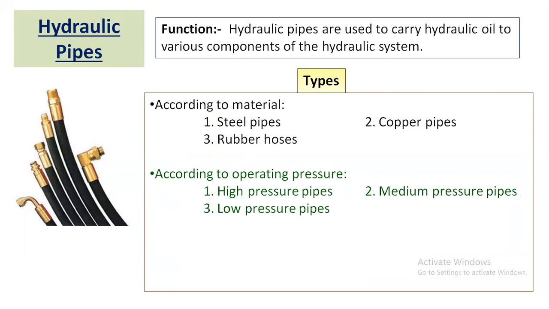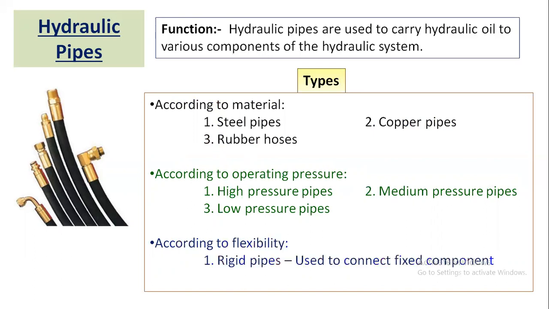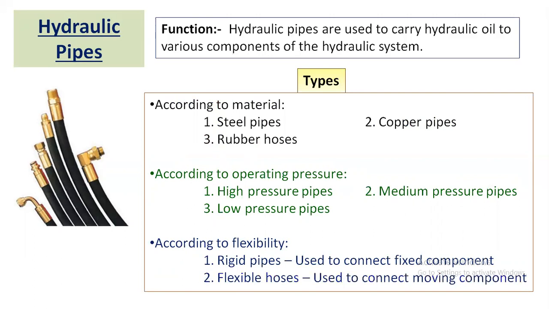Copper pipes are very little used; in old days they were used. And according to operating pressure: high pressure pipes, medium pressure pipes, and low pressure pipes. And according to flexibility, there are rigid pipes, which are used to connect fixed components, and flexible hoses, which are used to connect moving components.